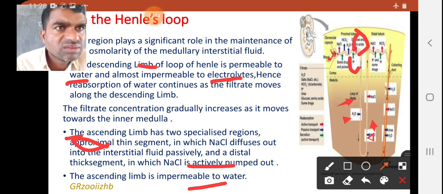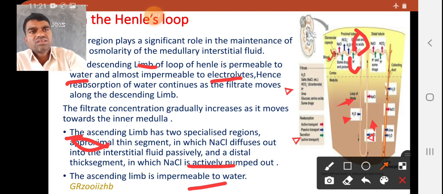See in this diagram, filtration of H2O, salts, NaCl, bicarbonate ions, H+, urea, glucose, amino acids, and some drugs. Here are reabsorption, active transport, passive transport, and secretion. These are the symbols.